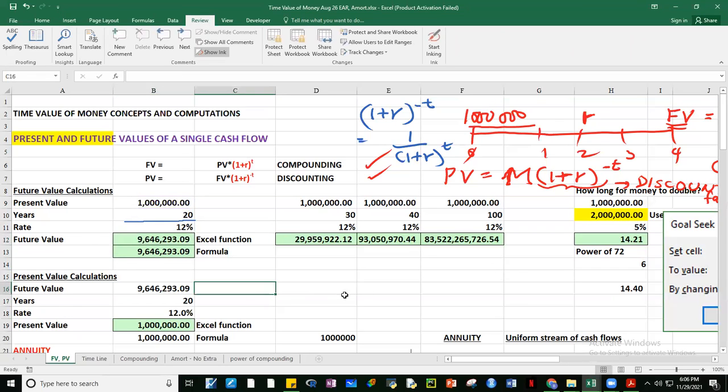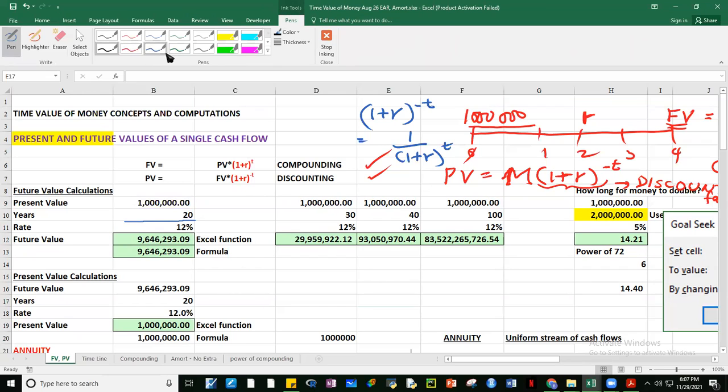So it's always helpful to plot a timeline of our cash flow. So we're told that here, now you have 1 million. So this is 1M.